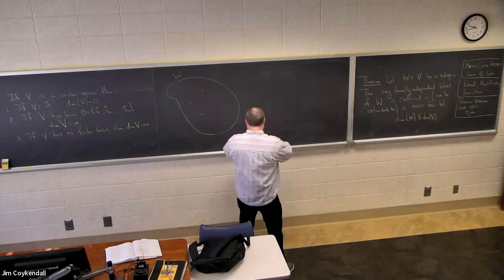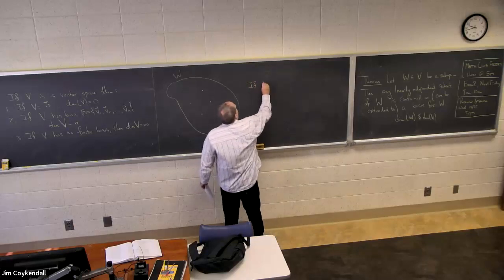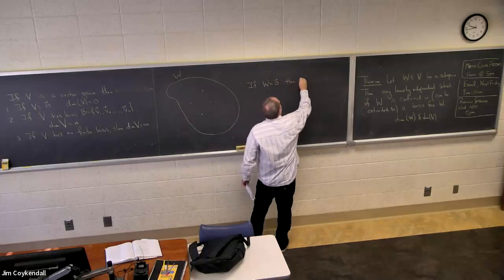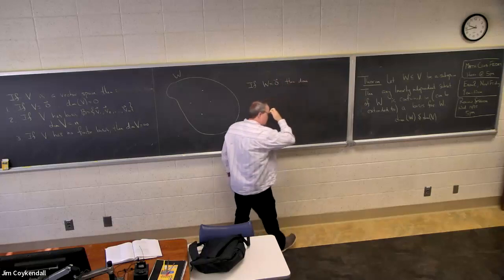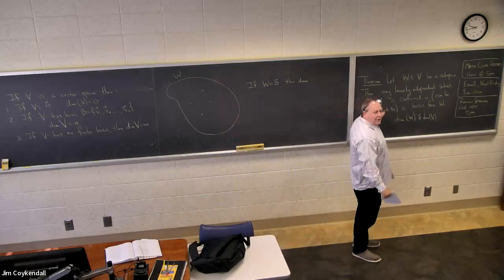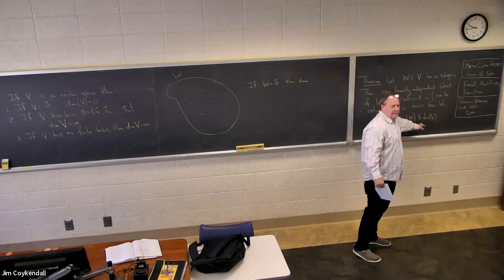So why is this true? Let me go through this. If W equals zero, then there's nothing to show, because W doesn't contain any linearly independent subsets, and the dimension of W is zero, which is certainly less than or equal, because vector spaces do not have negative dimensions.